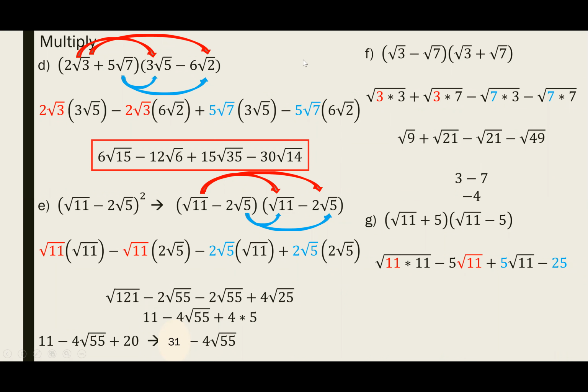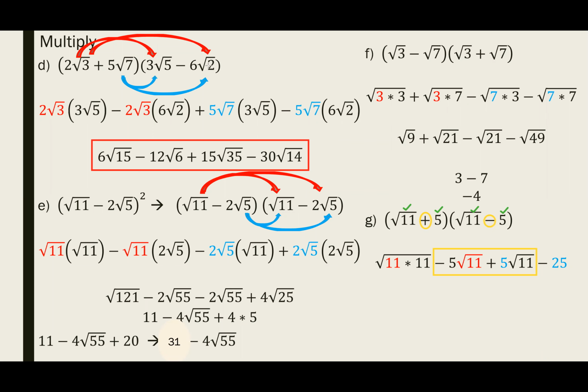And hopefully you recognize, and this, ladies and gentlemen, we call a conjugate of each other, like I mentioned in chapter 5. When you have everything the same, square root of 11, square root of 11, 5 and 5, the only thing different is the sign, right? Everything is the same. The only thing different is one of them is positive, the other one is negative.